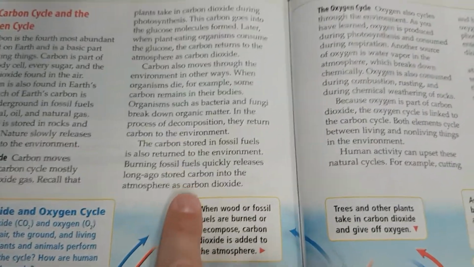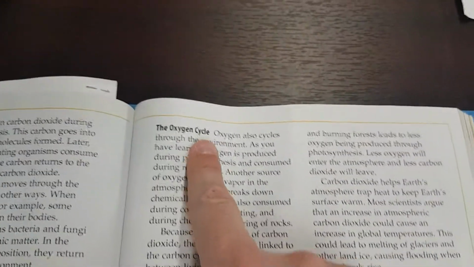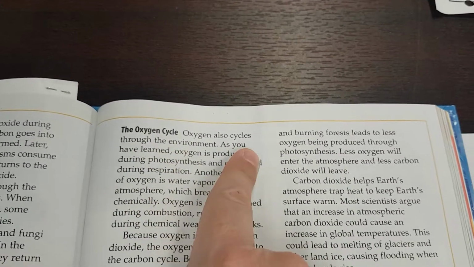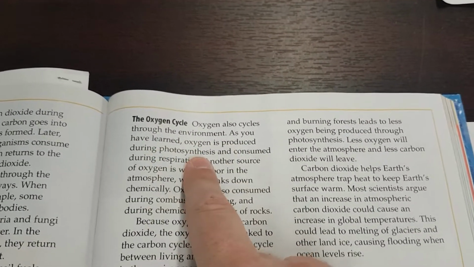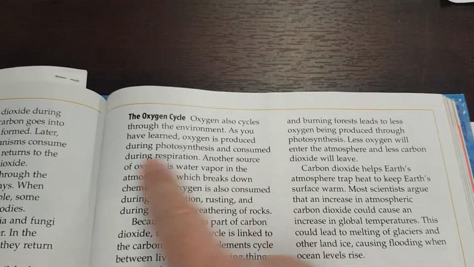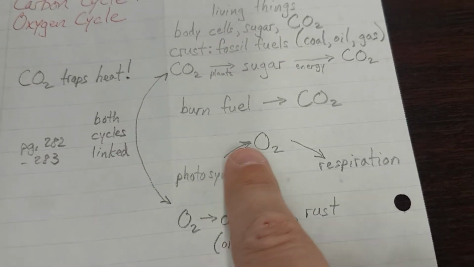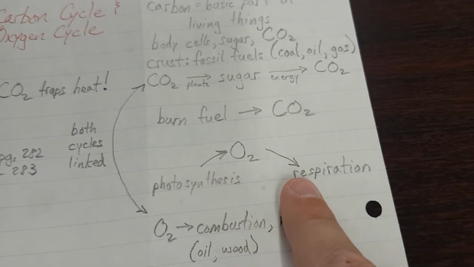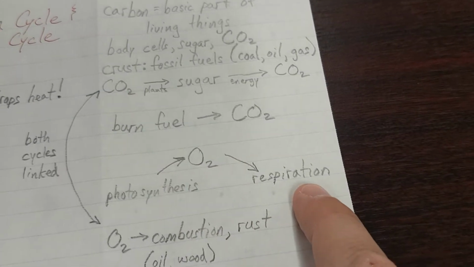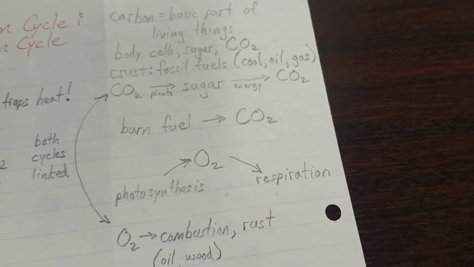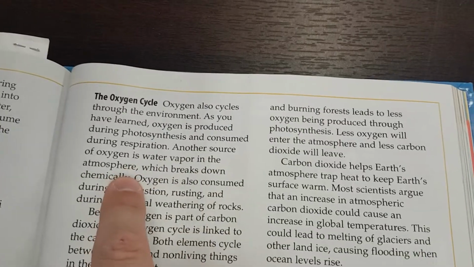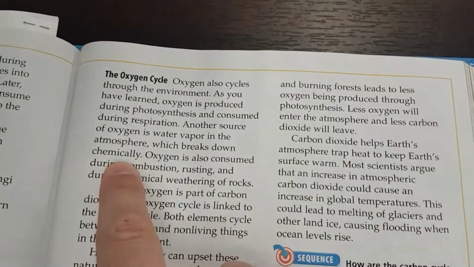Okay, let's see. We did all that. The oxygen cycle. Oxygen also cycles through the environment. As you have learned, oxygen is produced during photosynthesis and consumed during respiration. So, photosynthesis creates oxygen, O2, but gets used in respiration. Another source of oxygen is water vapor in the atmosphere, which breaks down chemically.